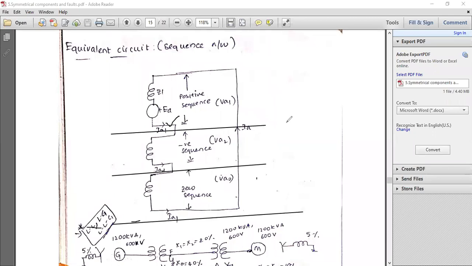If you want to prove all the sequence networks are connected in series, you need to prove that all the sequence components of currents are equal. Whenever a line to ground fault exists, all these components of currents are equal, so you can connect all the sequence networks in series. I have already marked here the components: Z1, VA1, VA2, VA0, zero sequence network, positive sequence network, negative sequence network, etc.